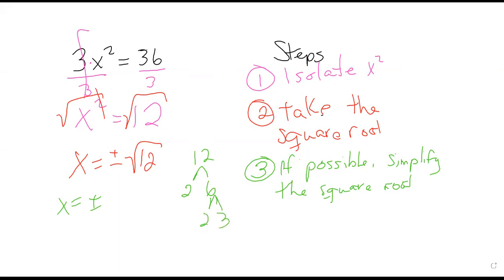And now I'm going to look for my pairs. So I have a pair of 2s, right? So what does that mean? It's plus or minus 2. Plus or minus 2 what?